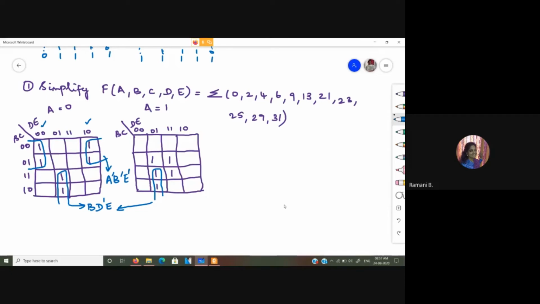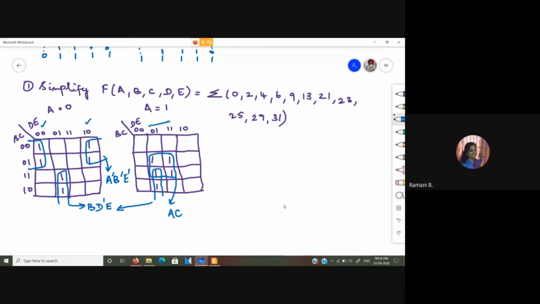And then for the remaining ones, you have these four grouped together. So here this particular group is in the map a is equal to 1. So you have the term a, and then b is equal to 0 and b is equal to 1. So we leave out b. Then c is equal to 1 is common. So c.